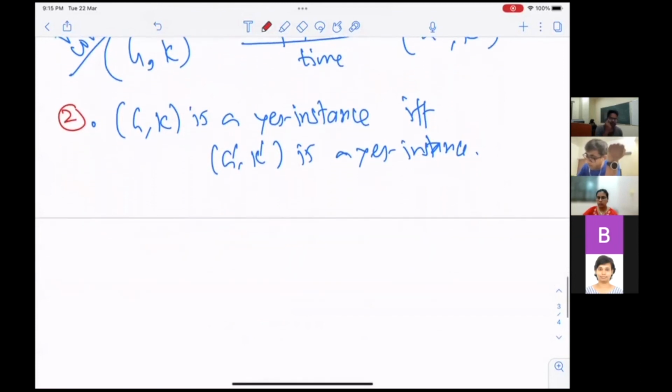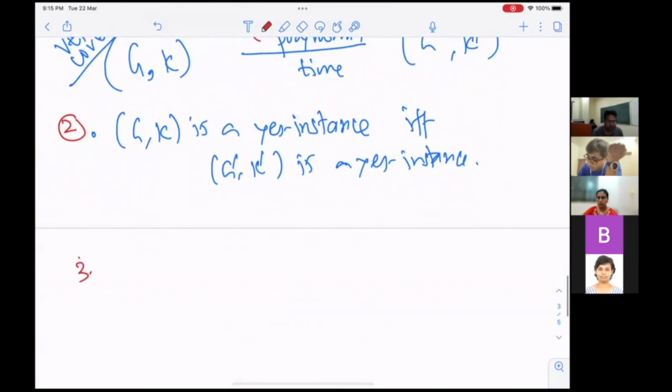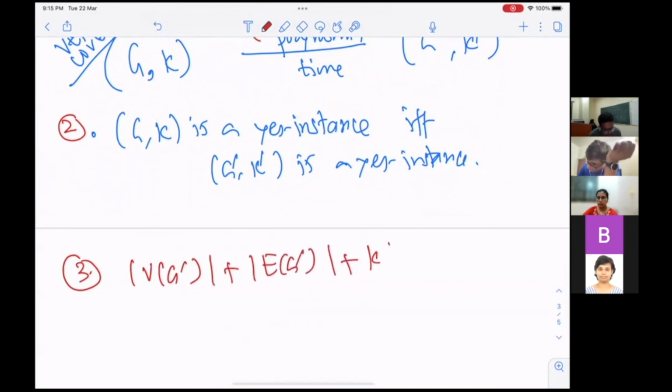And the third, there's just some size constraint. What we want is basically the number of vertices of G prime plus the number of edges, plus K prime, should be polynomial. So the total size of the output should be bounded by a polynomial function of K.